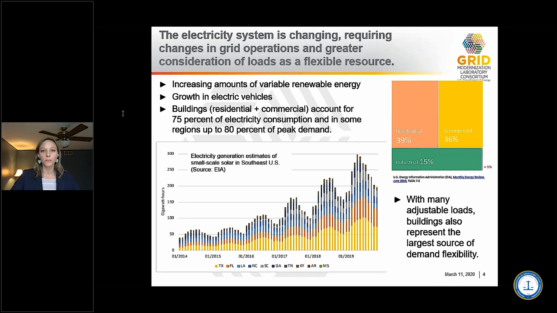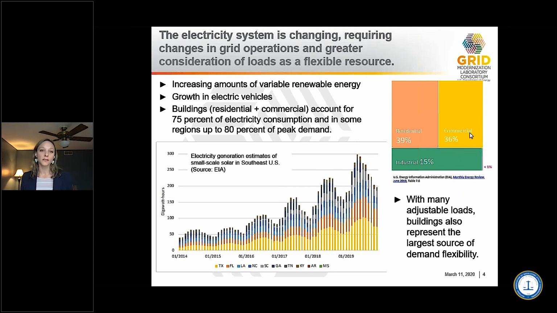This bar chart at the bottom of the slide is from EIA, the Energy Information Administration, and it shows their estimates of small-scale solar in the Southeast. The x-axis is years, the y-axis is gigawatt hours, and each one of the colors is a different southeastern state. Other resources are also growing, as I mentioned, such as electric vehicle adoption, demand response and storage.